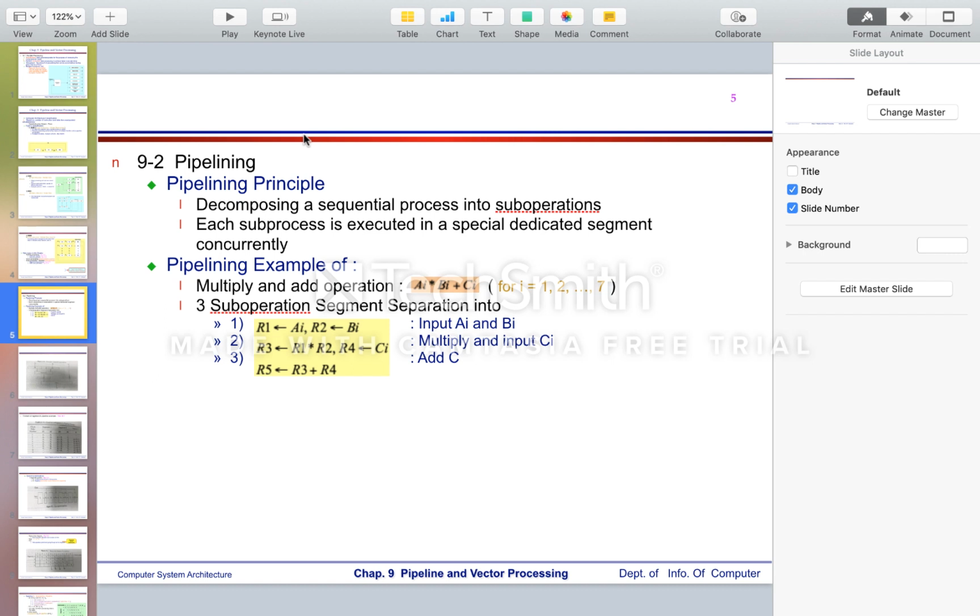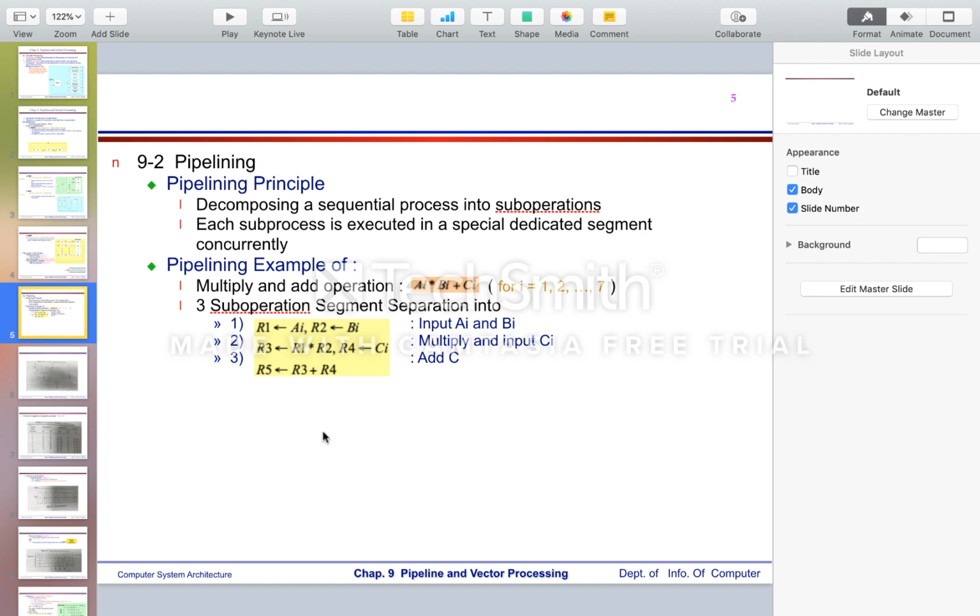Let us see, we want to perform Ai times Bi plus Ci, for i from 1 to 7. First of all, for any pipelining based system, we have to decide what segments there are in this system. We can divide this task into three sub operations, so we will have three segments in our pipelining.